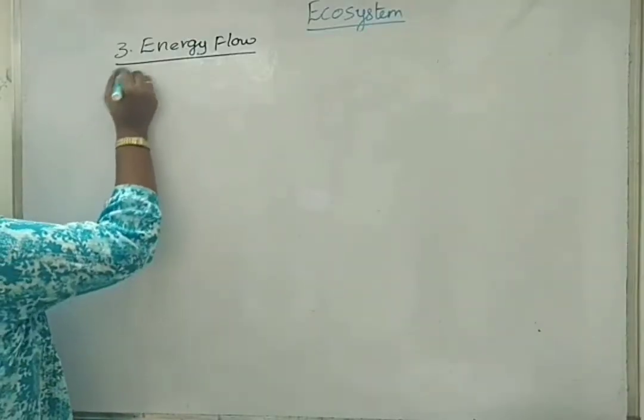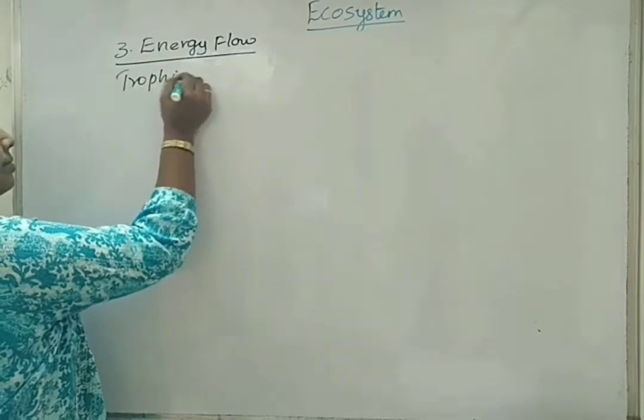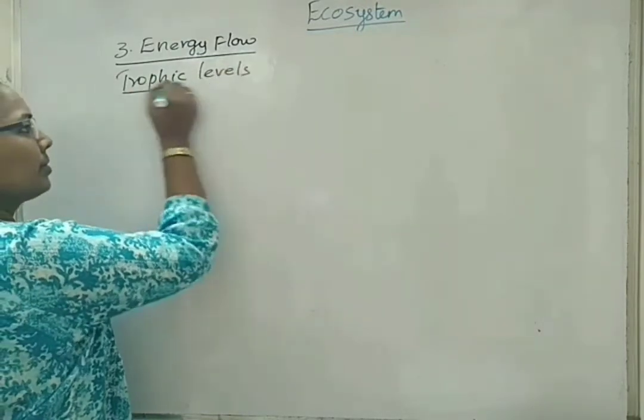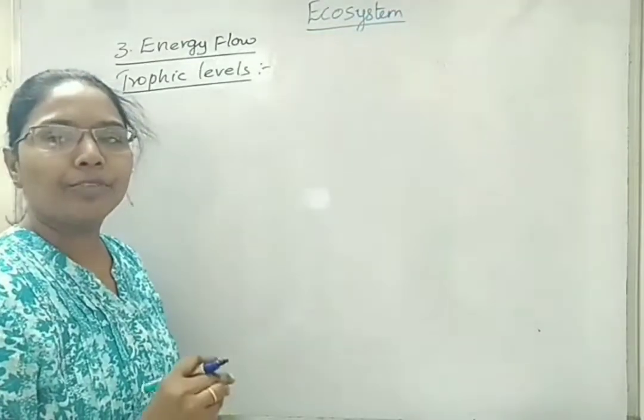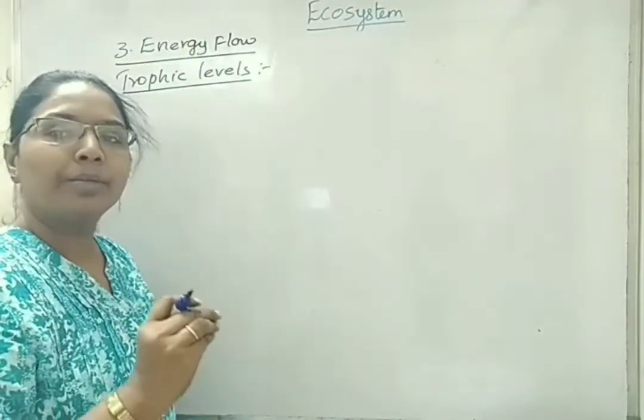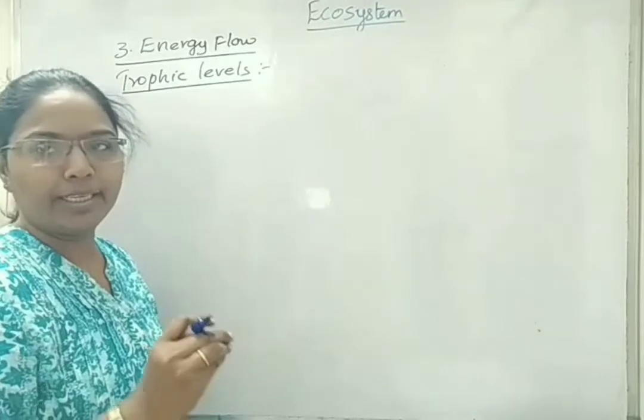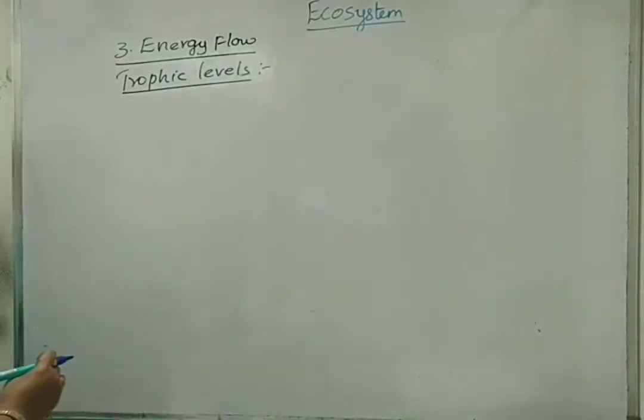Next is about trophic levels. Based on the source of nutrition, the function of each and every organism in one particular geographical area varies. Then an organism occupies a specific place in the ecosystem or in the food chain.